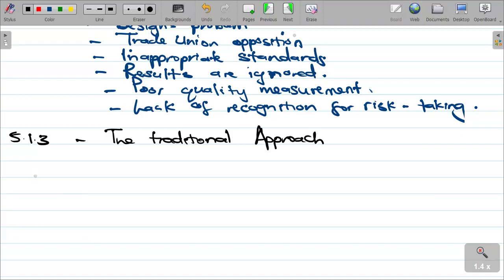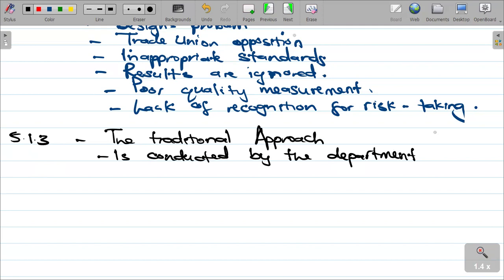The traditional approach is conducted by the relevant departmental manager or the immediate supervisor.